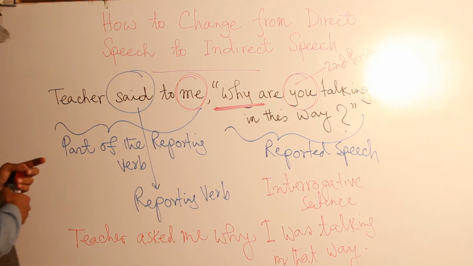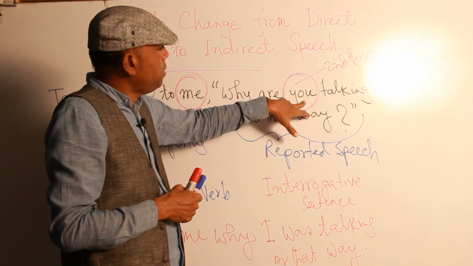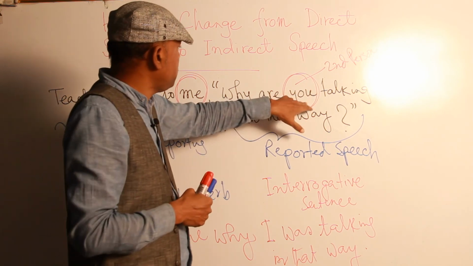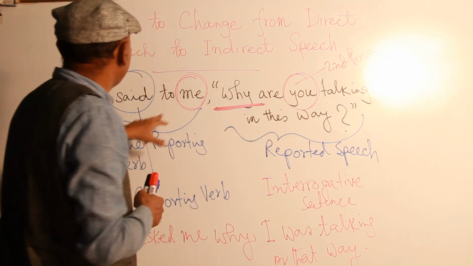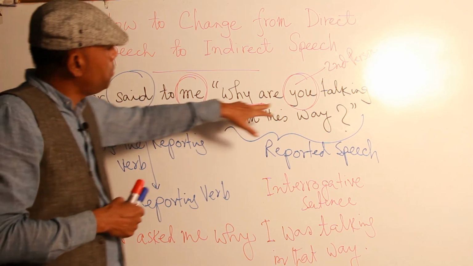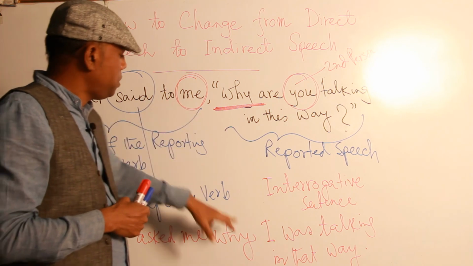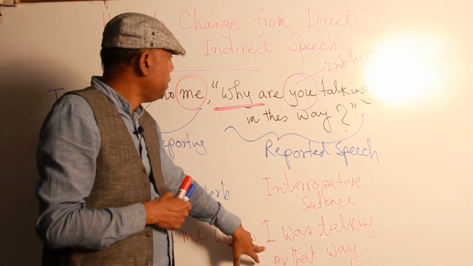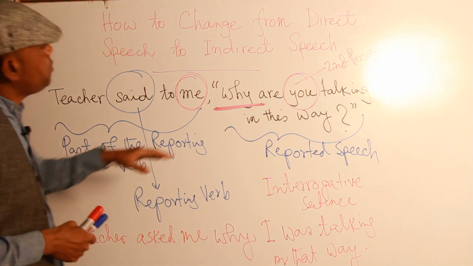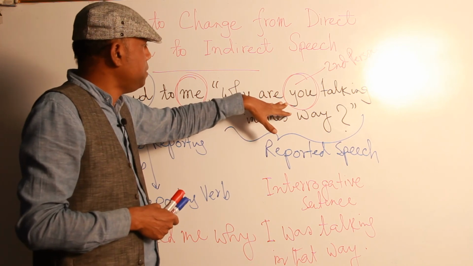Then step number 4, we have to change the person of the reported speech. If it is second person, it will be changed according to the object of the reporting verb part. So you will be changed according to me, so I should write here I. Then step number 5, we have to change the tense of the reported speech.